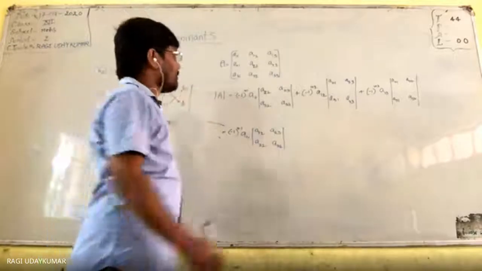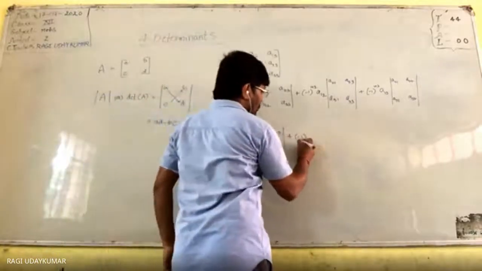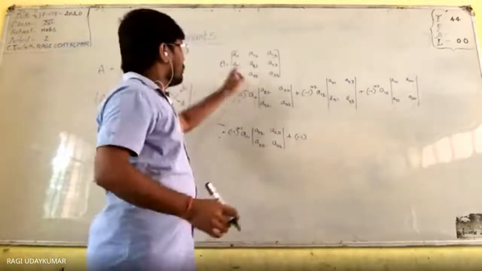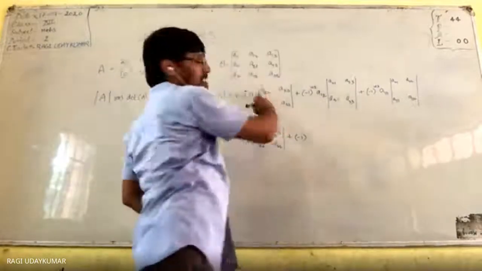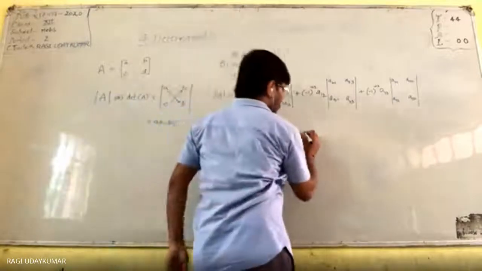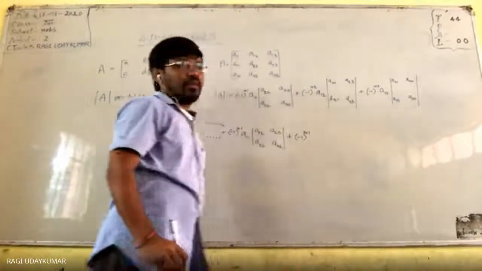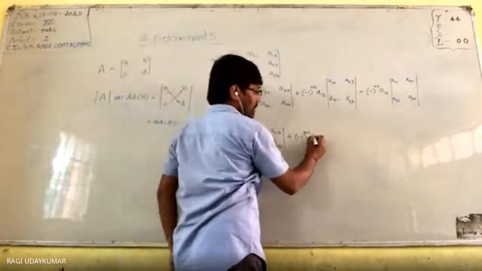Okay, next, plus minus 1 to the power of second row first column. This one I am taking into consideration. Second row first column, so 2 plus 1, and that place element A21.